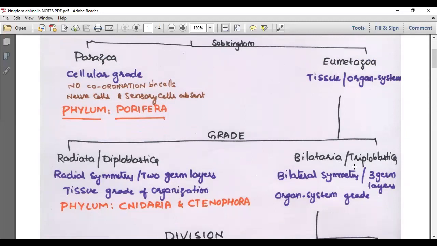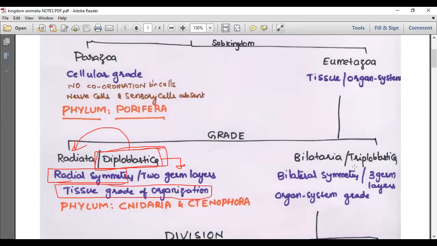So what is Diploblastica? Diploblastica means the presence of two germ layers, that we learn in basic line as two germ layers, ectoderm and endoderm. The thing to remember is that animals showing the diploblastic condition are also called Radiata. That means they also exhibit radial symmetry and they also have tissue grade of organization. This kind of interlinking is required for us.